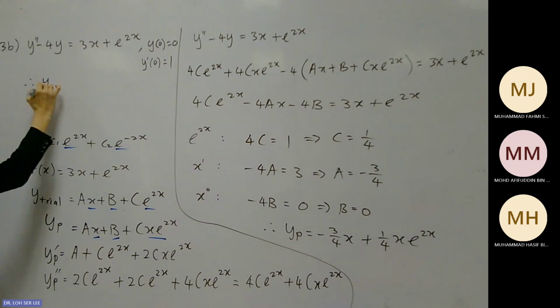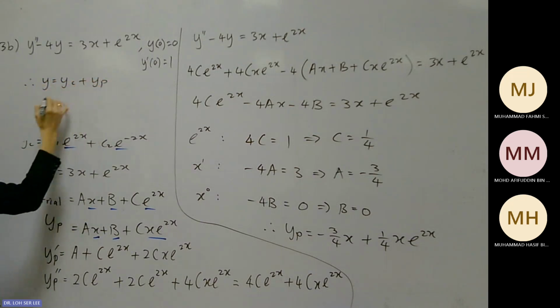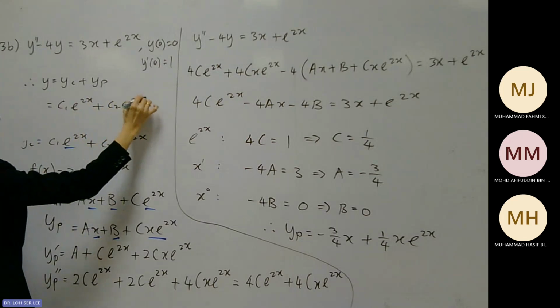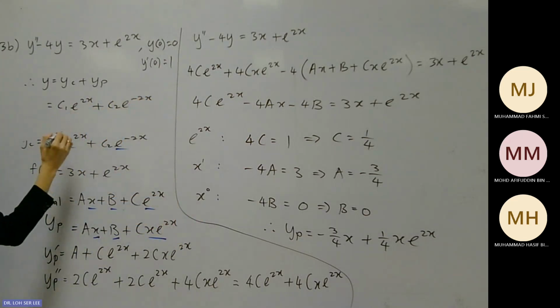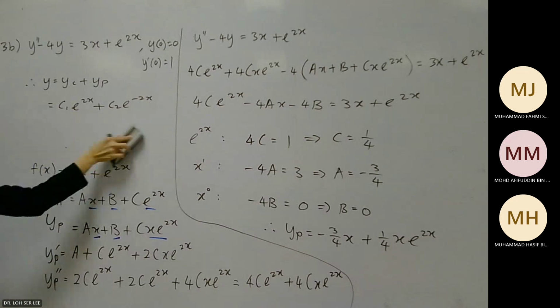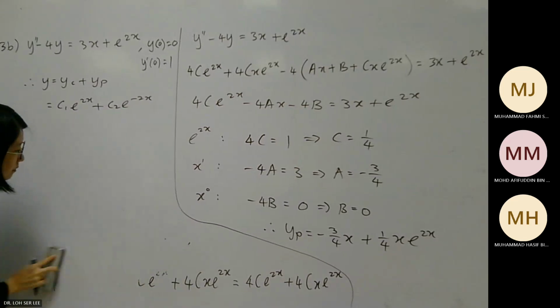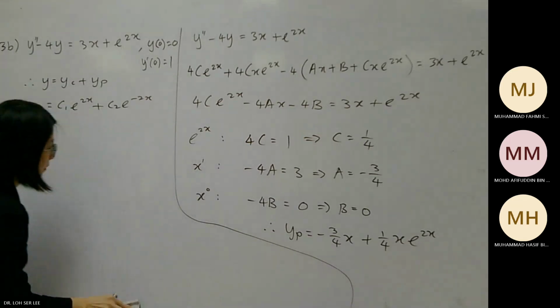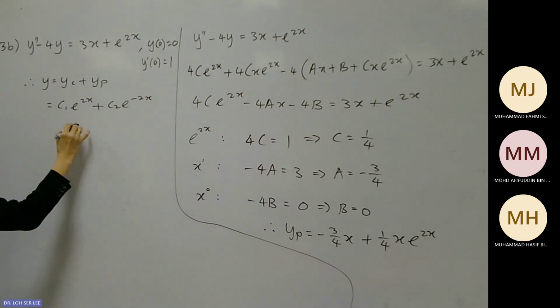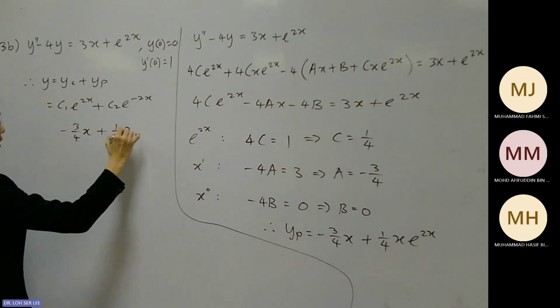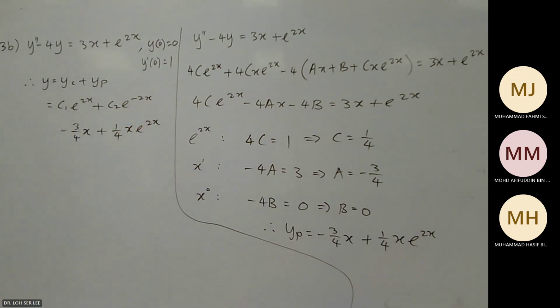So your general solution is yc plus yp, which is c1 e^2x plus c2 e^negative 2x plus yp, minus 3 over 4 x plus 1 over 4 x e^2x. Okay, so this is your y.